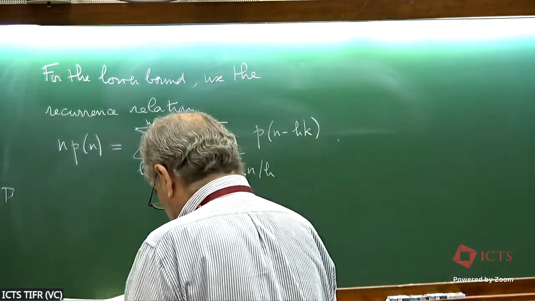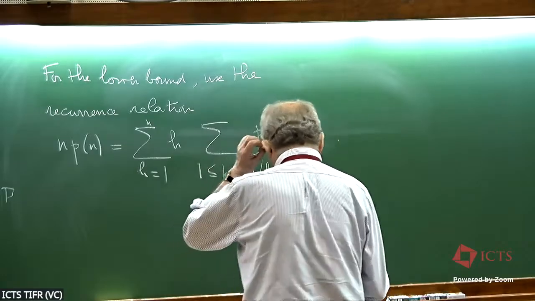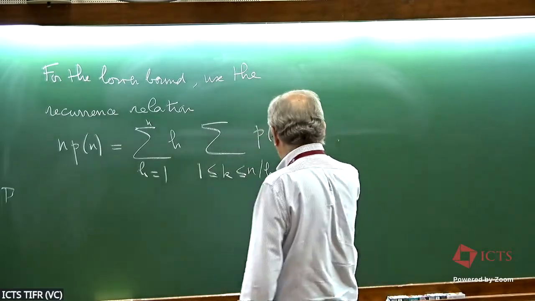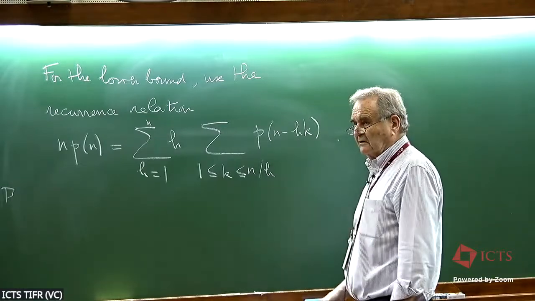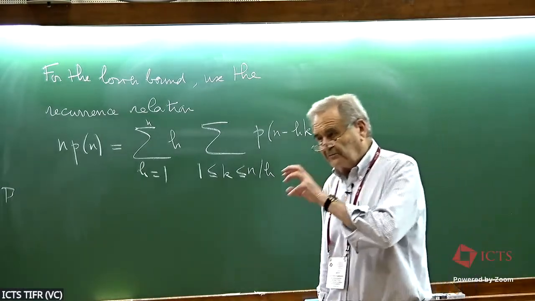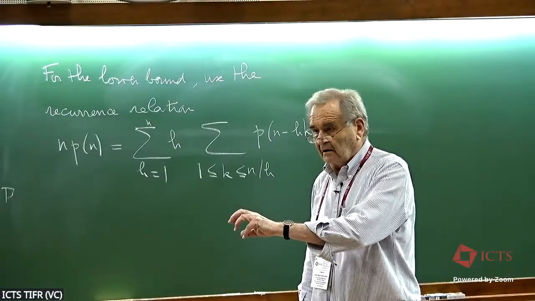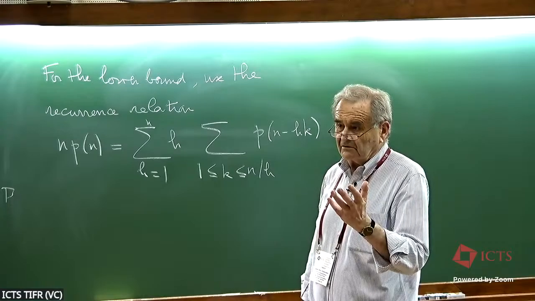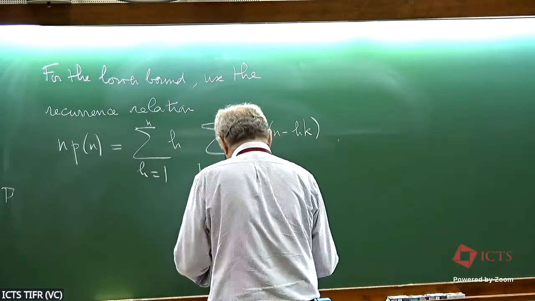So the number of partitions of n having at least k times the integer h is Pn minus hk. Because you force it to have at least k times the number h, and the rest is just any partition will do the job. Okay? So this is what you are doing.